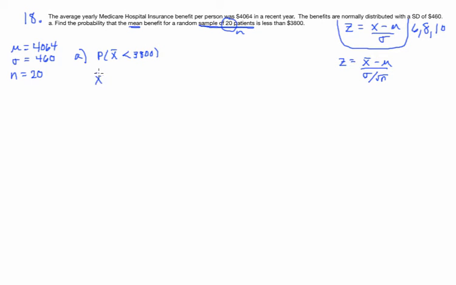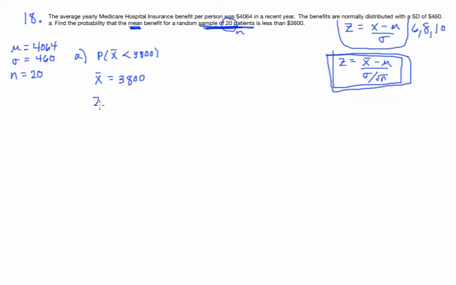So I'll start with that x bar of 3,800. I want to change that into a z-score. Again, the way that I know to use this formula right here is because I'm looking at a sample of patients and I'm looking at the mean benefit of the sample of patients.